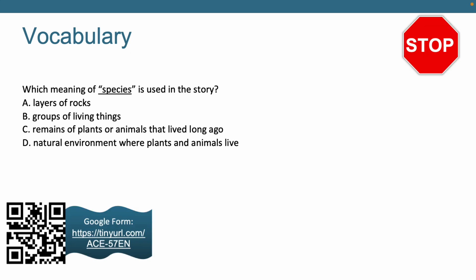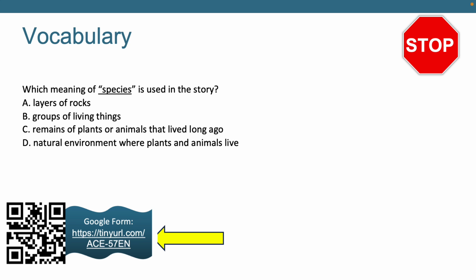Now that we've learned our vocabulary words, it's time to put your knowledge to the test. And I know you're up to the challenge. To participate in this podcast, please scan the QR code on your left-hand side or type in the URL to check your answers. So our first question is, which meaning of species is used in the story?